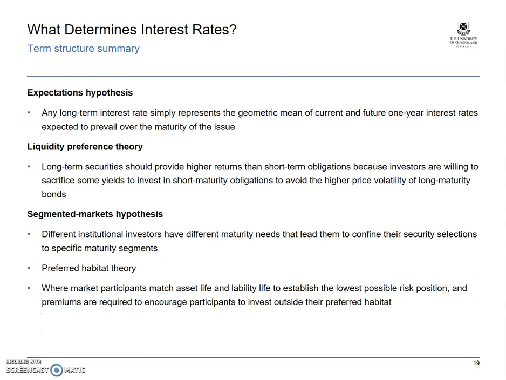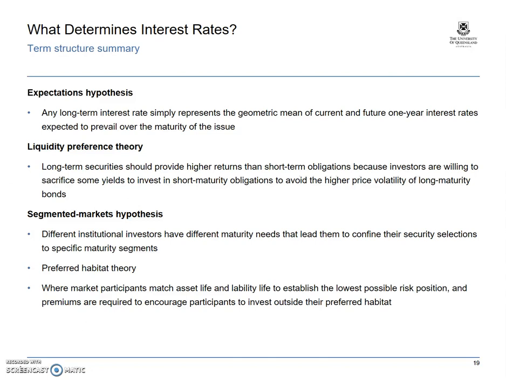The expectations hypothesis is simply that any long-term interest rate should represent the geometric mean of current and future 1-year interest rates expected to prevail over the maturity of the issue. Whereas liquidity preference theory states that long-term securities should provide higher returns than short-term obligations because investors are willing to sacrifice some yield to invest in short-term obligations to avoid the higher price volatility that comes along with long maturity bonds.